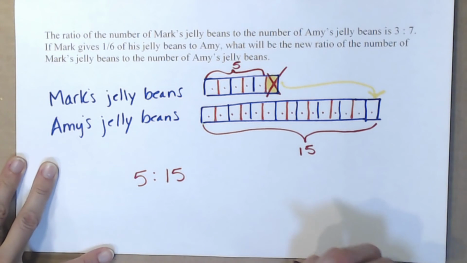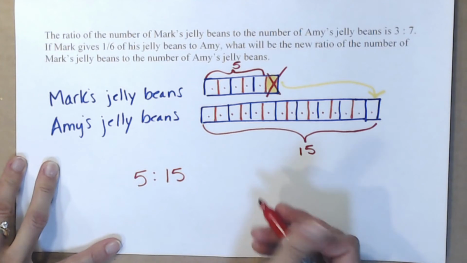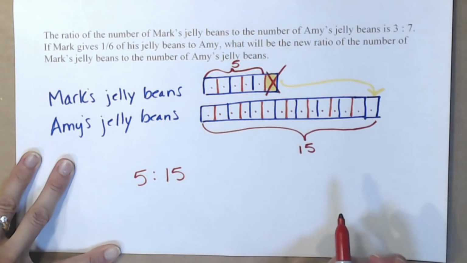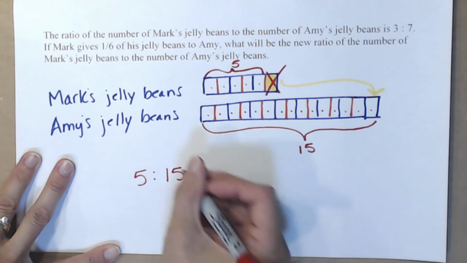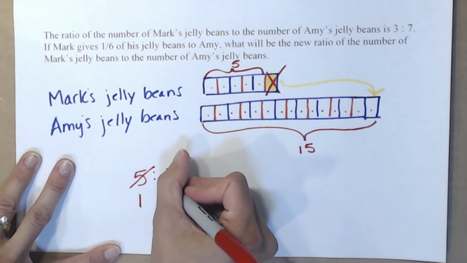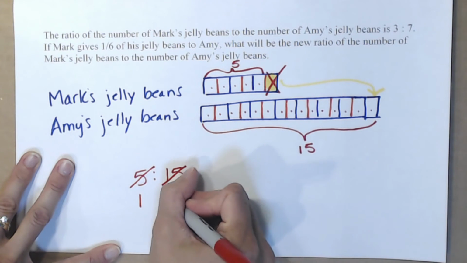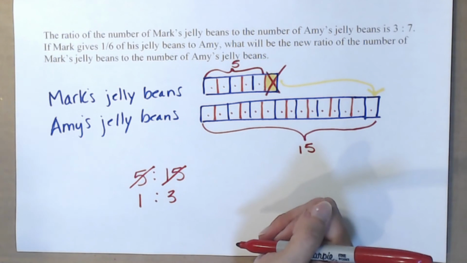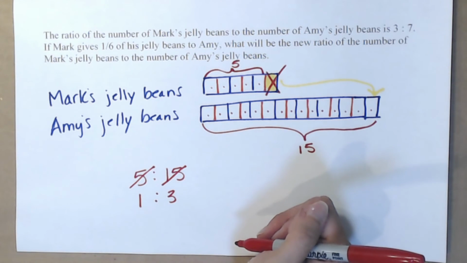Now you might notice here that we can simplify this ratio because both terms have a common factor of 5. So if we divide by 5, 5 divided by 5 is 1, 15 divided by 5 is 3. So the ratio becomes 1 to 3.